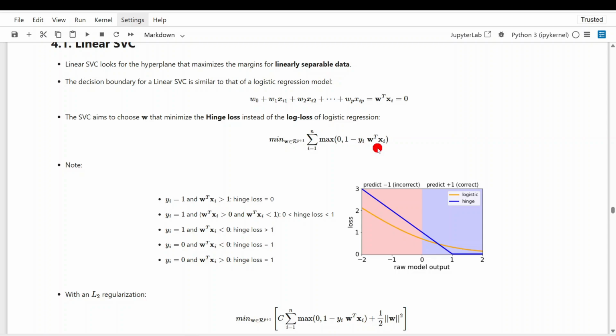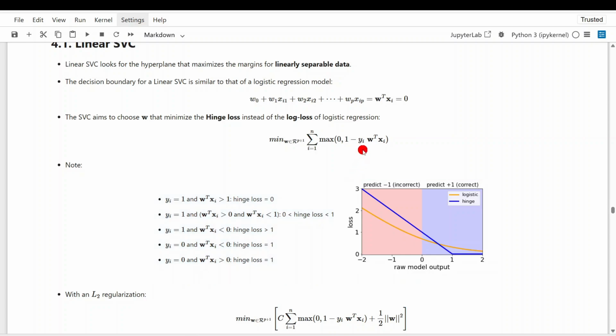And finally, if we take the maximum of 0 or a value between 0 and 1, it results in a value between 0 and 1. Then for that case the hinge loss will be between 0 and 1.